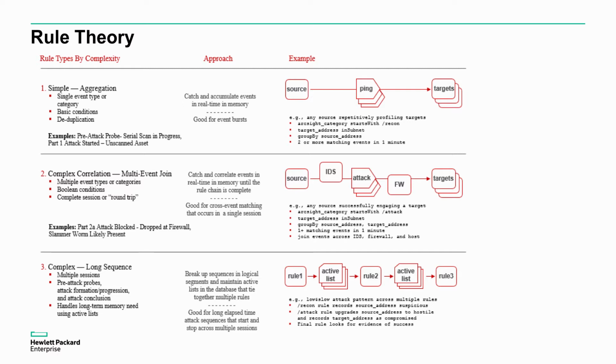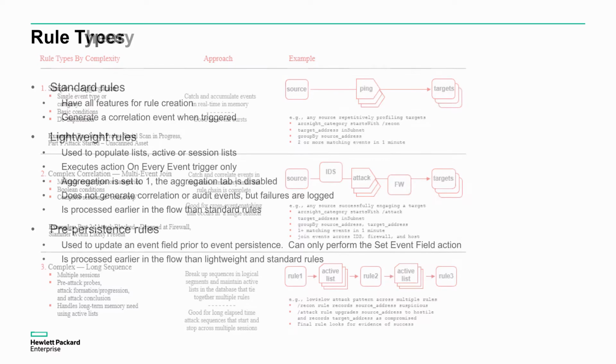In that example, we want to be using something like an active list where we can take that data, park it in a list and have that as static data, and then refer to that data when we need to over a much longer period of time. So we can actually have that correlation trigger over a week, a month, a year, or whatever we need at that point. And it allows us to be much more efficient.